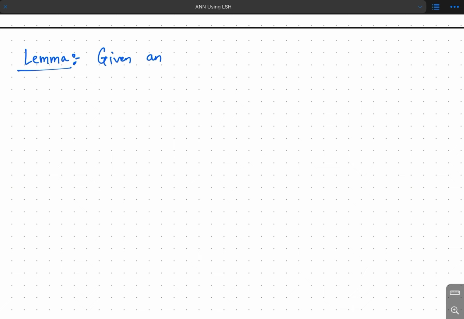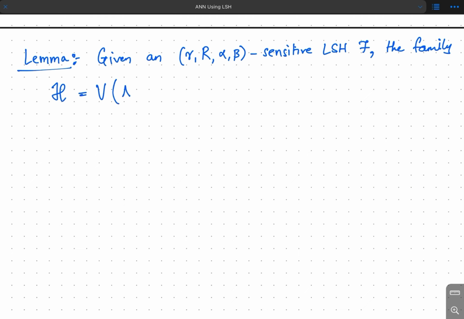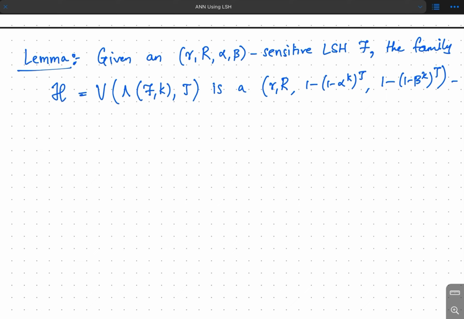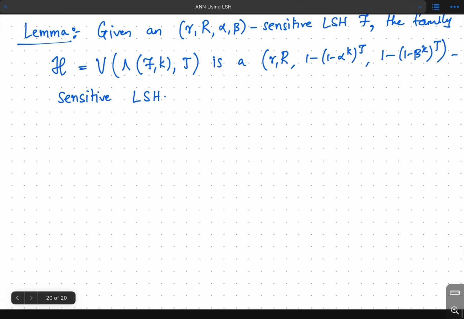Given an (r, R, alpha, beta)-sensitive LSH family F, the family h given by the previous construction is an (r, R, 1 minus (1 minus alpha^k)^tau, 1 minus (1 minus beta^k)^tau)-sensitive LSH family. Alright, so this should be easy.